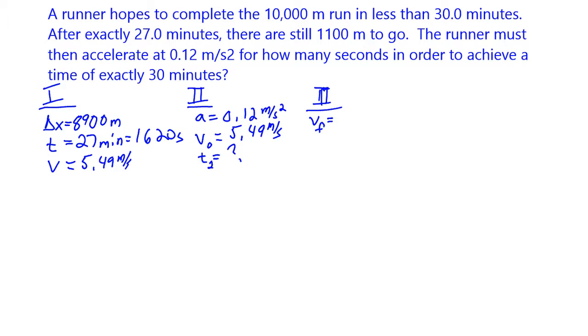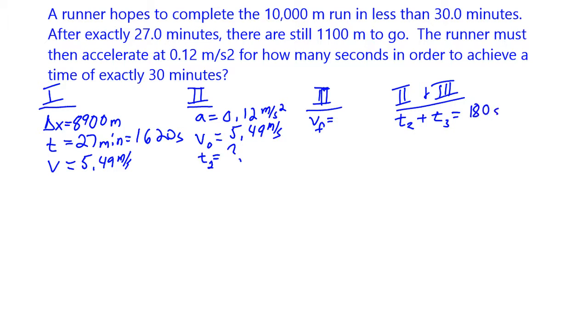The other thing we want to look at is the combination of 2 and 3, the totals for that. So for 2 and 3, we know T2, which is what we're looking for, plus T3 equals 3 minutes, so 180 seconds is what I'm going to write down here.